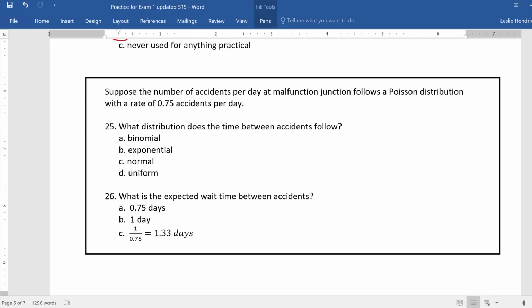When you're looking at the time between those events in a Poisson process, the time between them is an exponential distribution. So this 0.75 is our rate, that's our lambda for our Poisson distribution. And so the expected time between accidents, that's the mean of the exponential, is 1 over lambda, which is 1 over 0.75, which is 1.33 days.